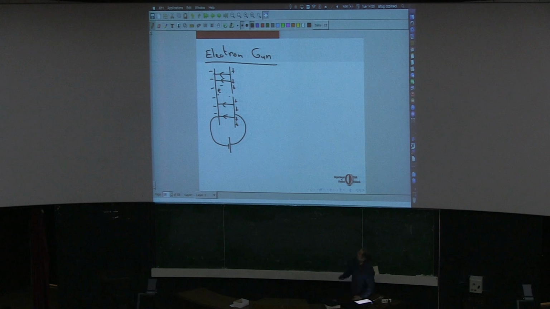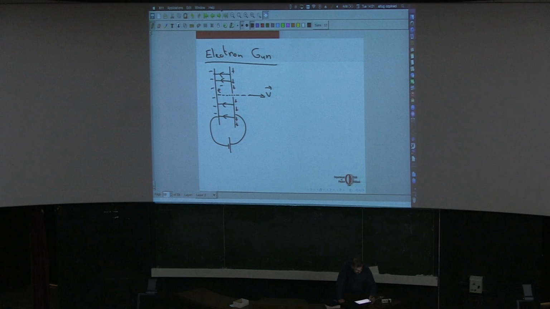And so what is the direction of the force acting on the electron? Towards the positive side. So it will start accelerating, and then it will just leave. This will be its speed when it leaves these two plates.